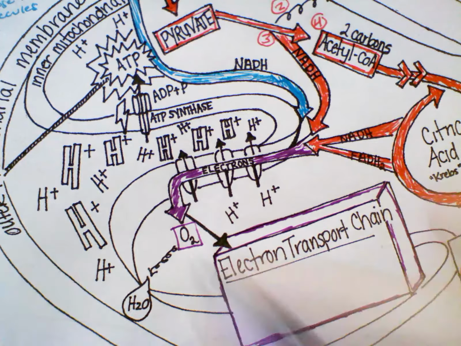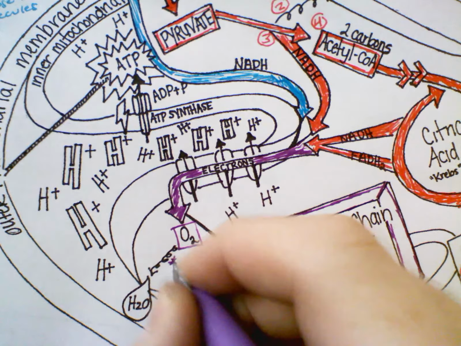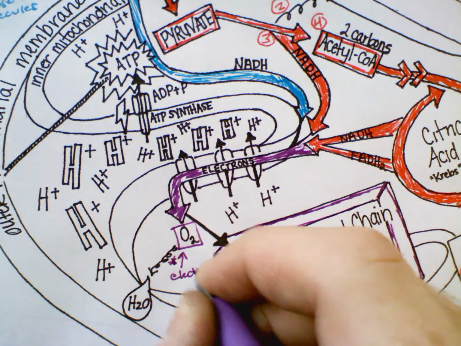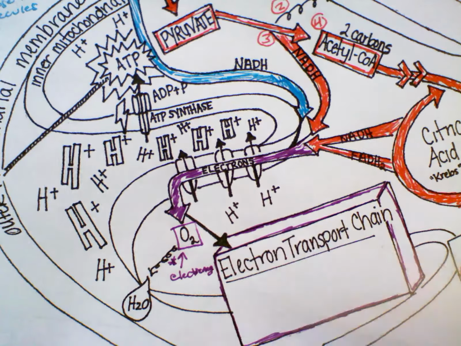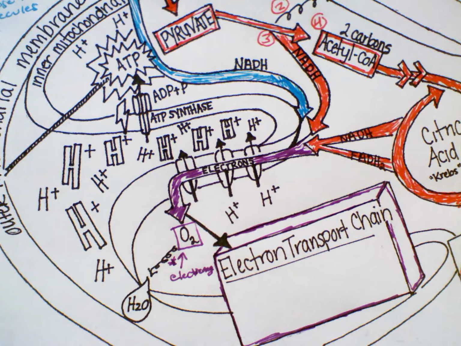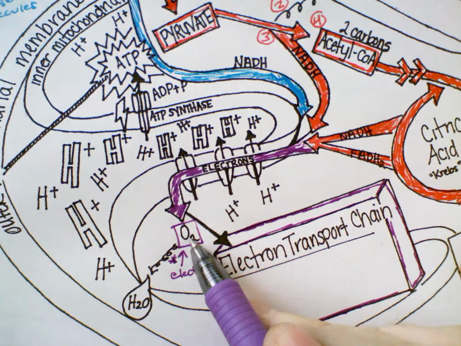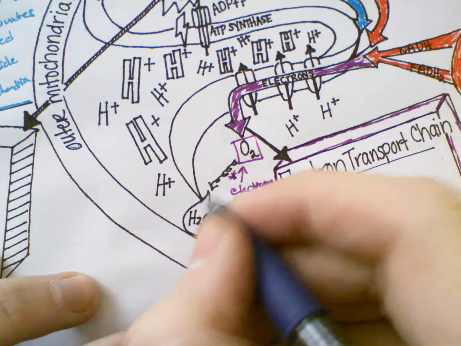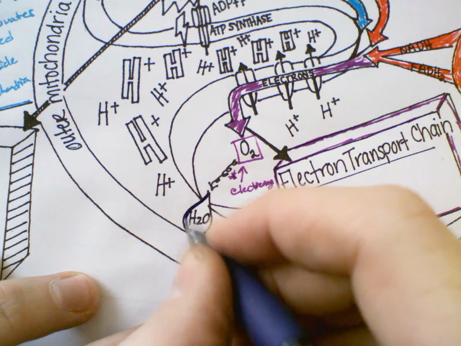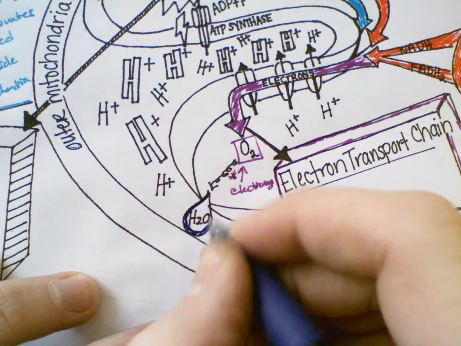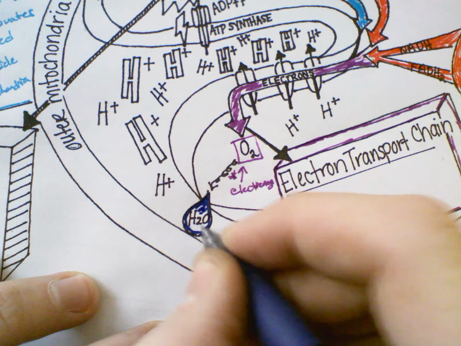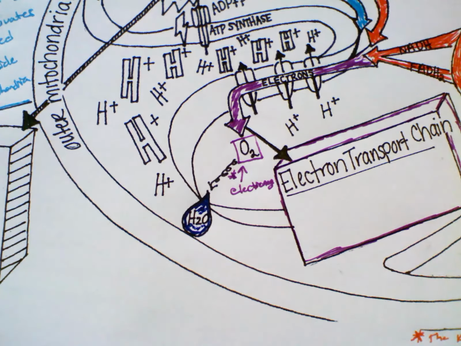Do this in purple. High electronegativity. And that's pulling those electrons down, and then it's going to end up forming water. And this is that water. That's that byproduct out of cellular respiration. So I just colored it a darker blue, but you don't have to do that. Okay, so then we end up with water.